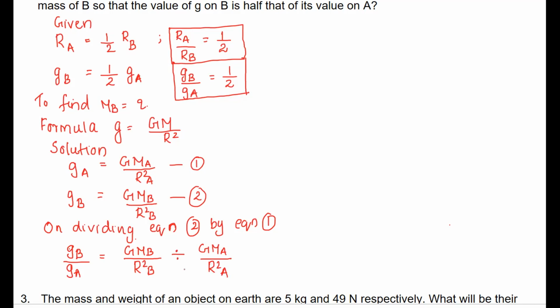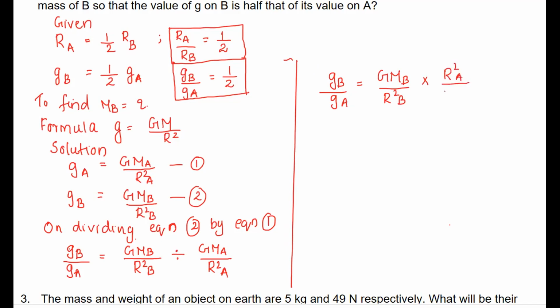Okay. Now we know that instead of dividing, take the reciprocal and multiply. That is GB/GA is equal to GMB/rB² into reciprocal is rA²/GMA.